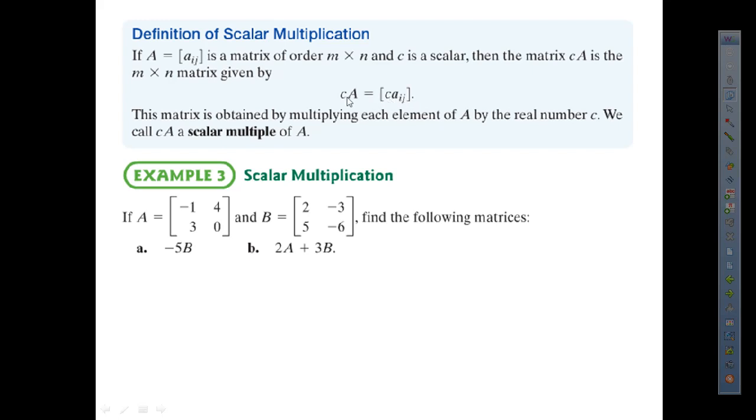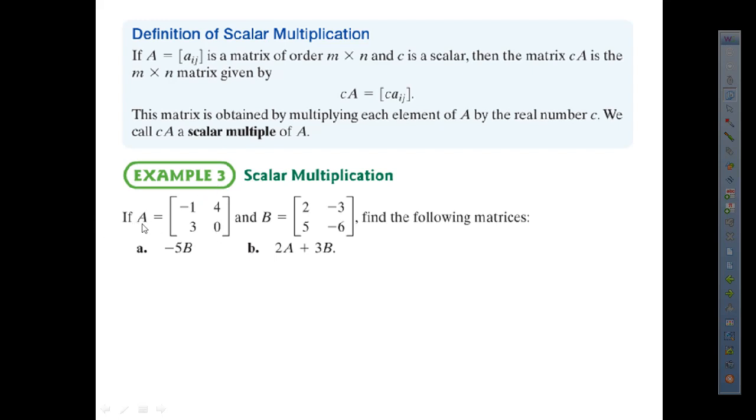That's just notation, guys, it's very simple. You're just taking C and multiplying it times every single element in that matrix. That's what this block here says. So this matrix is obtained by multiplying every element of A by the real number C. We call C times matrix A a scalar multiple of matrix A.